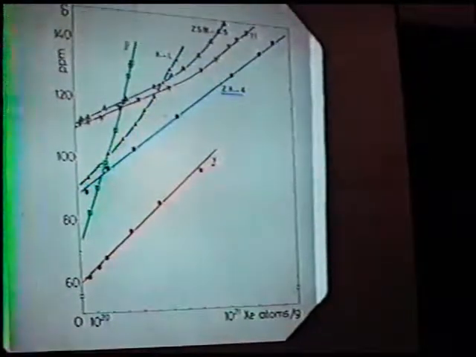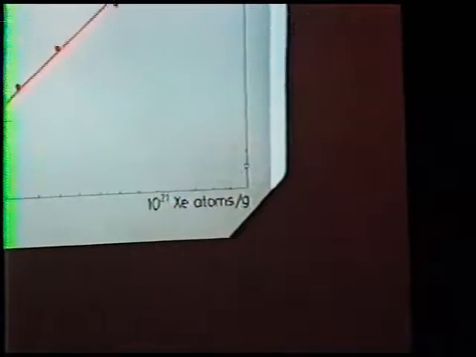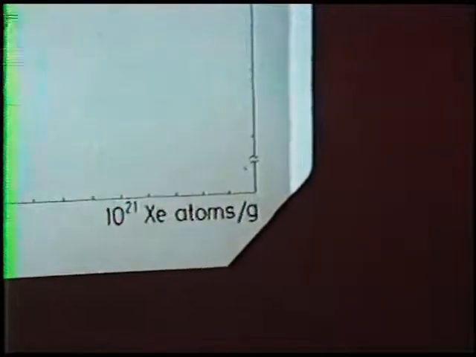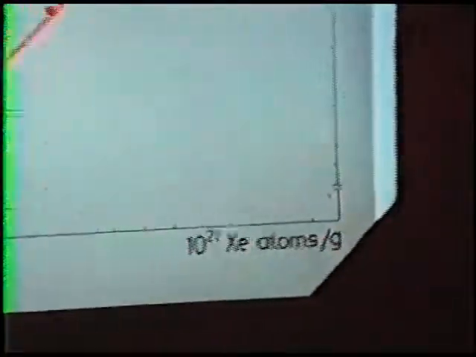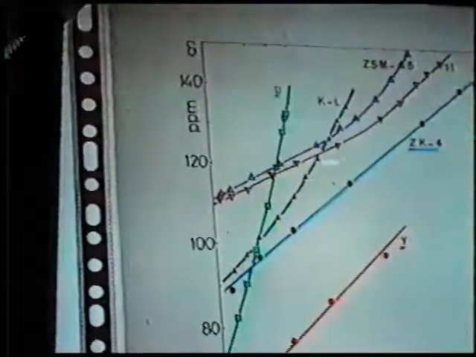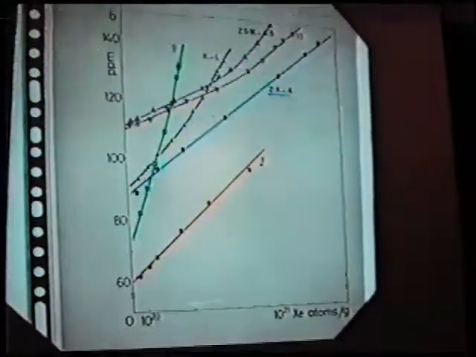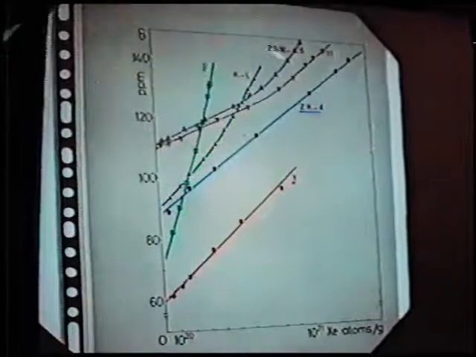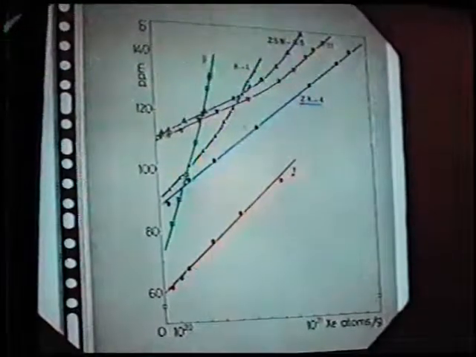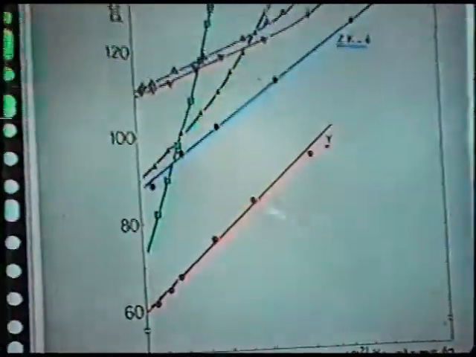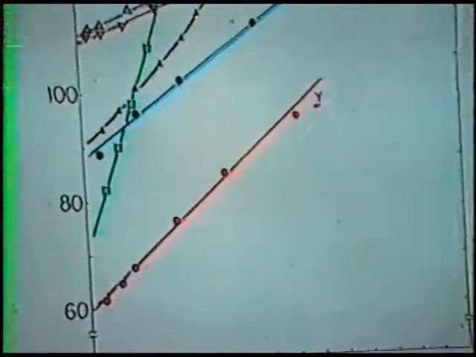That is, only one type of channel or only one type of cavity. And we detect in that case only one component, and we see that the chemical shift variation against the xenon concentration depends on the zeolite structure. The slope varies with the structure, but this is normal.